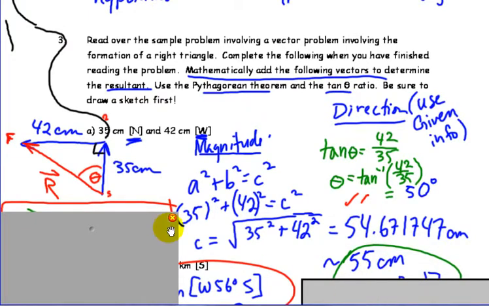Now, since the resultant is a vector, it needs a magnitude and direction. So you can see over here, using the given information, try not to use your calculated answer here, because if you made a mistake, that mistake will carry on to your answer.